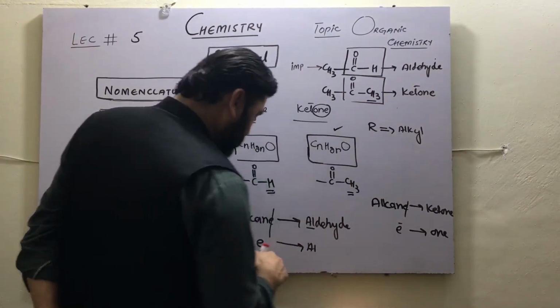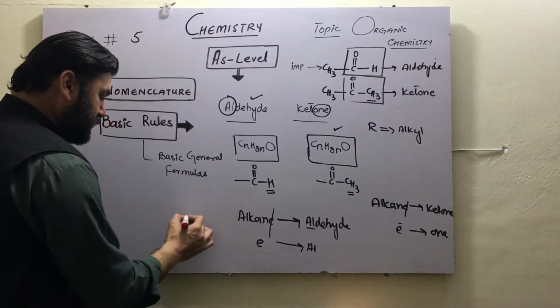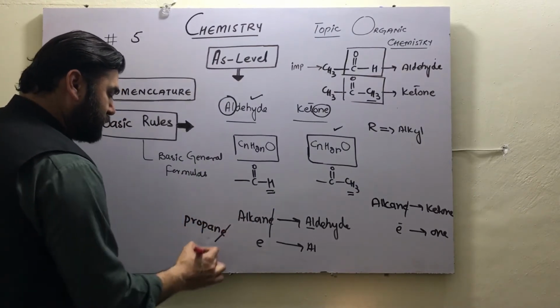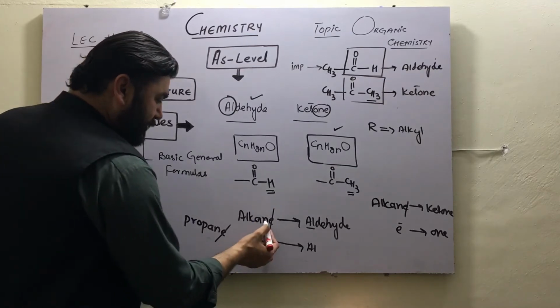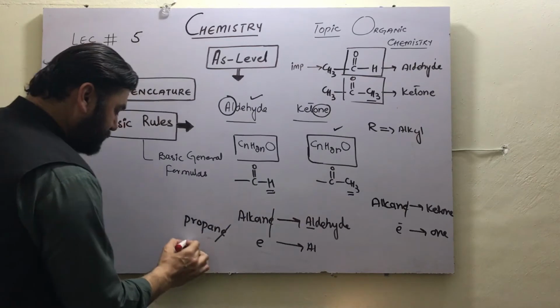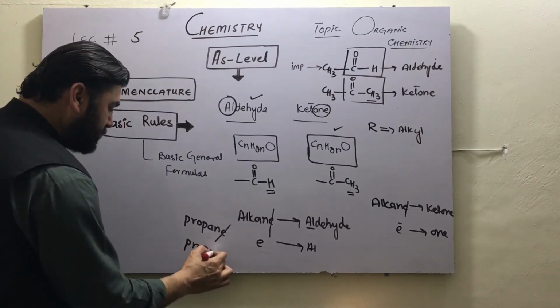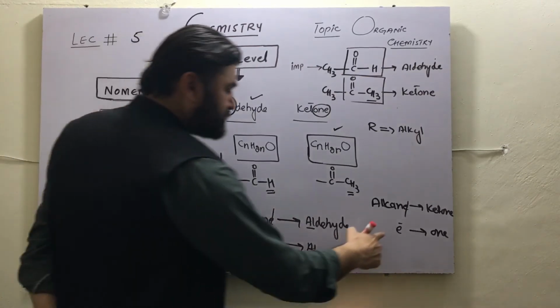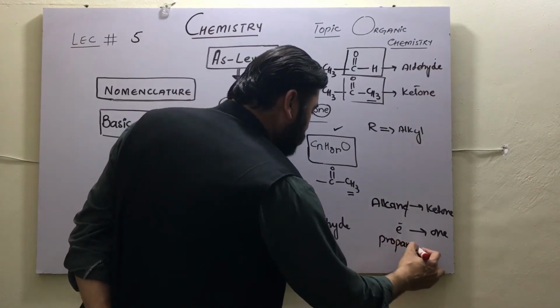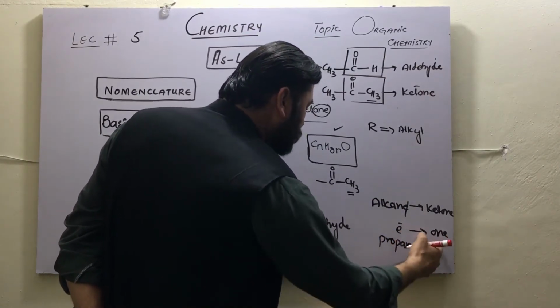Like in this structure, here is propane. Just remove the E of alkane, and if you add "al", this will be propanal. But if I say propane and remove the E, this will change to propanone.